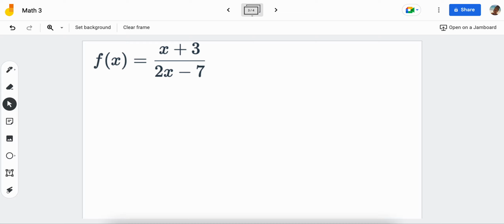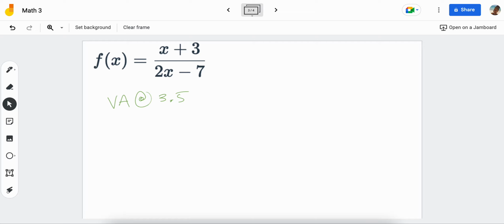I know that my function cannot exist when x is equal to 3.5, right? Because 2 times 3.5 would give me 7, and 7 minus 7 will give me 0. So when x is equal to 3.5, my function can't exist. So that'll be a vertical asymptote. We'll have a vertical asymptote at 3.5, because that would make my denominator 0. But again, nothing is canceling out or turning into a 1, so there's no holes.